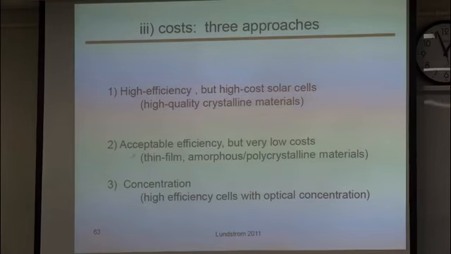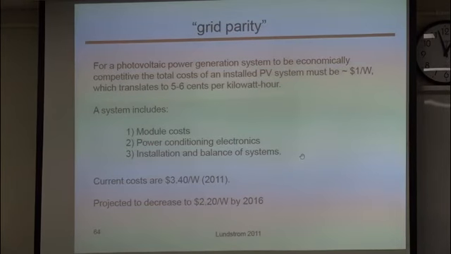And the second category can be acceptable efficiency, but the solar energy materials have very low cost, like this kind of solar cells. And the last one is the concentration, but let me skip this one. So we can categorize in these two ways. The first one is high efficiency, high cost. Second is acceptable efficiency but low cost.